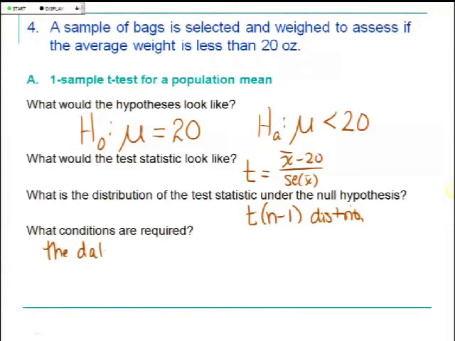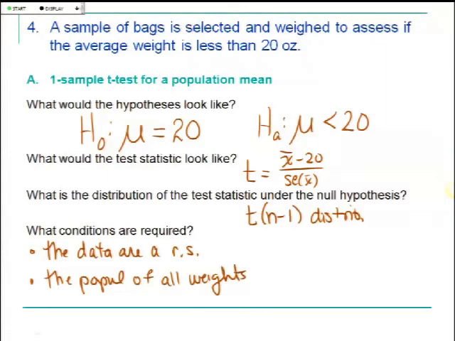You could say here the data that we have are a random sample, and the population of all weights has a normal distribution. Some mean mu that we're trying to learn and hope it's right around that 20, and some standard deviation.